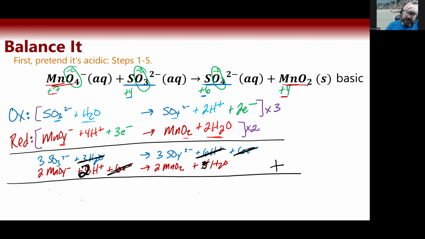Okay. So let's add them up, write it down. So 3 sulfite, 2 permanganate, and 2 H plus.